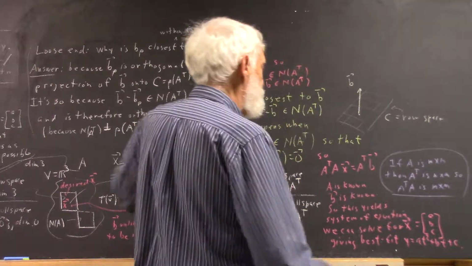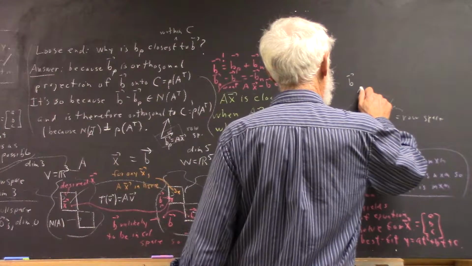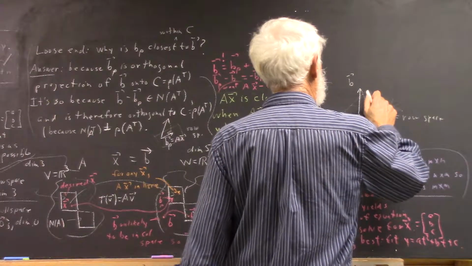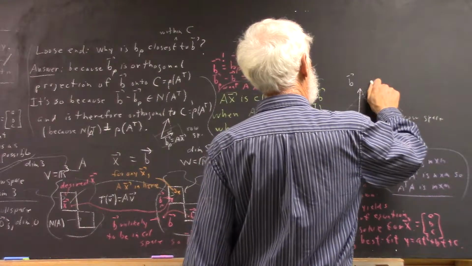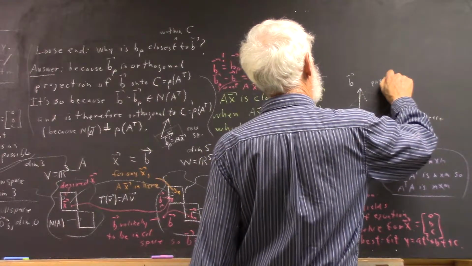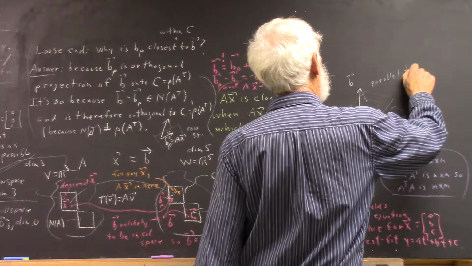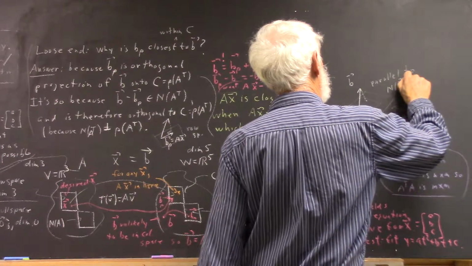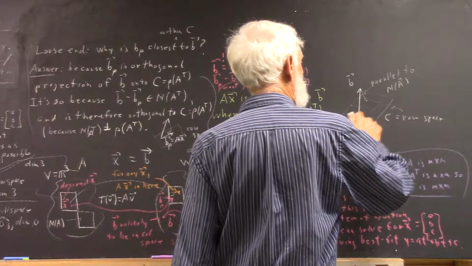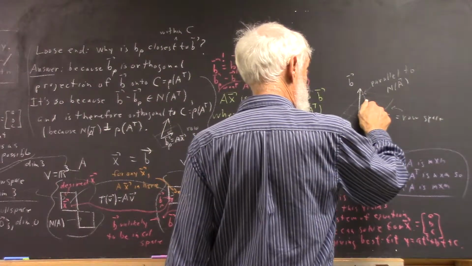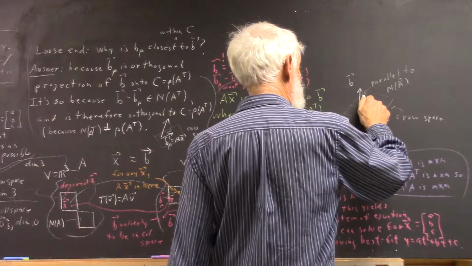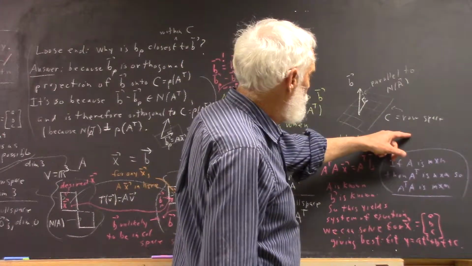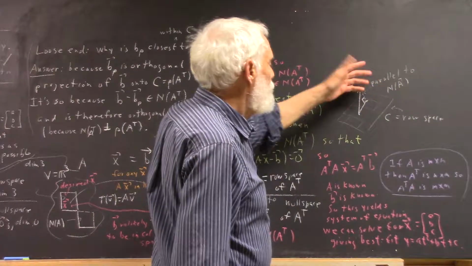Okay, what we're looking for then is, well, we come down here parallel to the null space. So this projection line is parallel to our null space until we hit the column space.